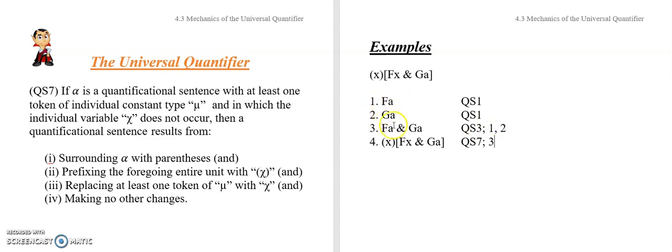And it would have worked also if you had done the B here. You would have gotten the B here. You're not allowed to make any other changes, and so this would have been a legitimate use of QS7, but notice it would not get you this thing, which is what you were asked to prove. So we can put our A's back in here. Some students will wonder, if I had started with a C here, would that have worked?